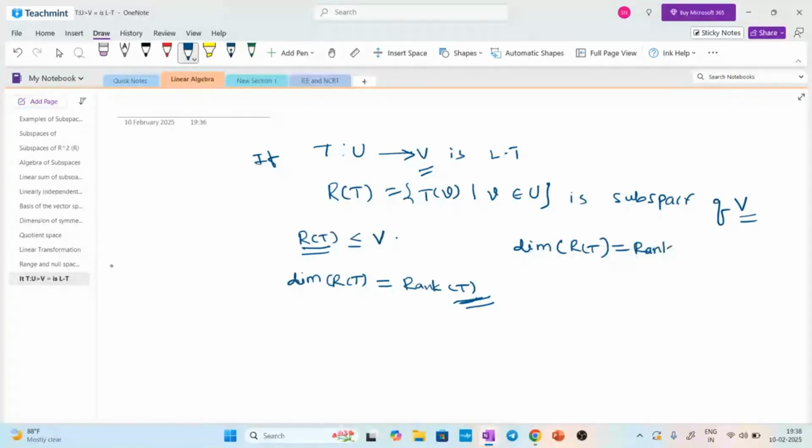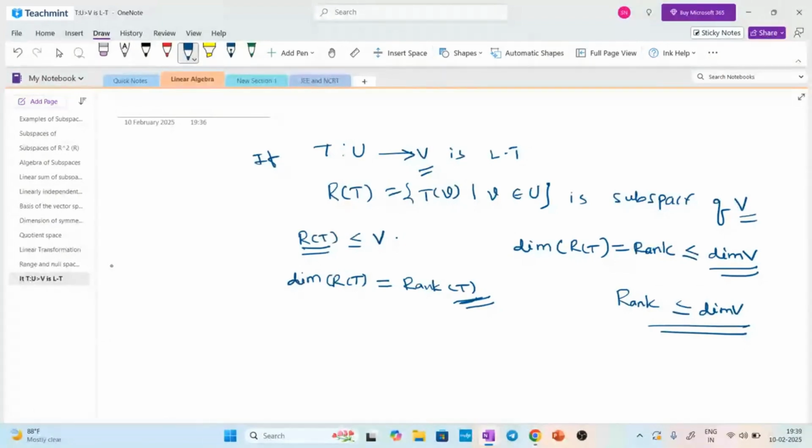Okay, rank of T is always less than or equal to the dimension of the codomain vector space. Therefore the rank of a linear transformation is always less than or equal to the dimension of the codomain vector space. Okay, remember this concept: rank is always less than or equal to the dimension of the codomain vector space, and the range of T is always a subspace of the codomain vector space.